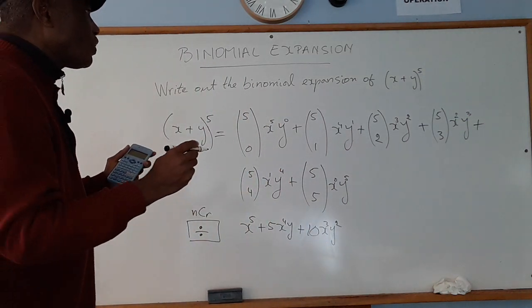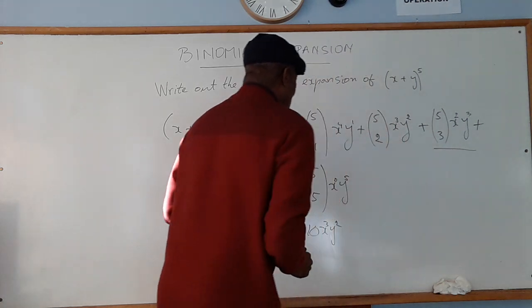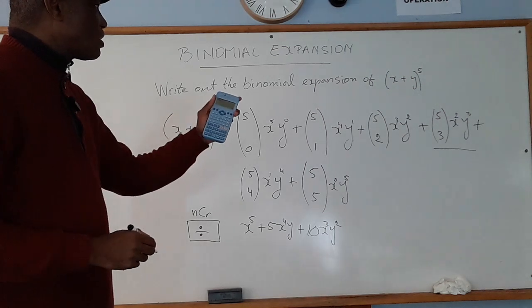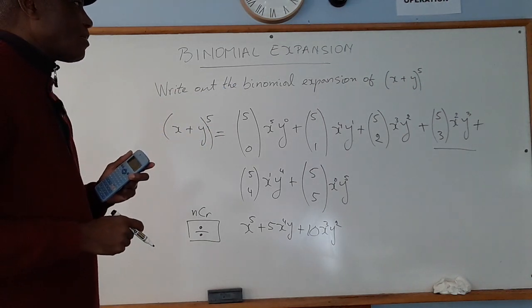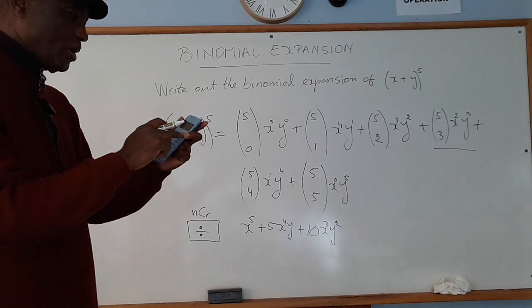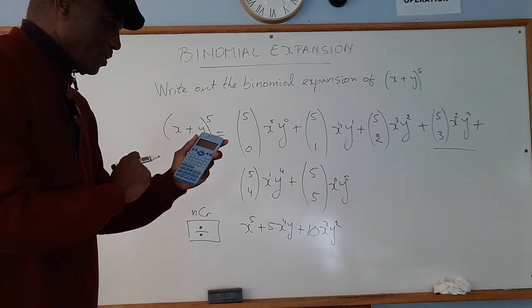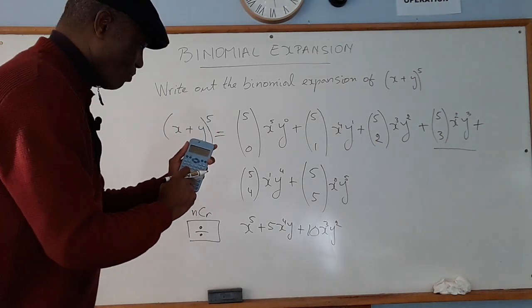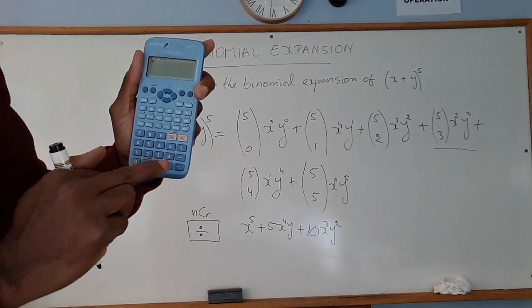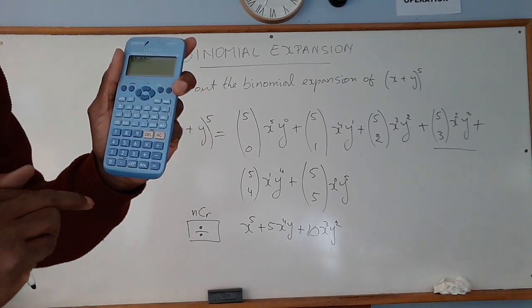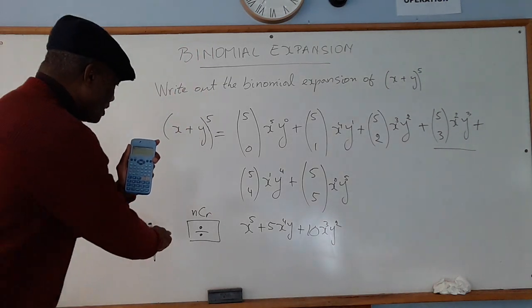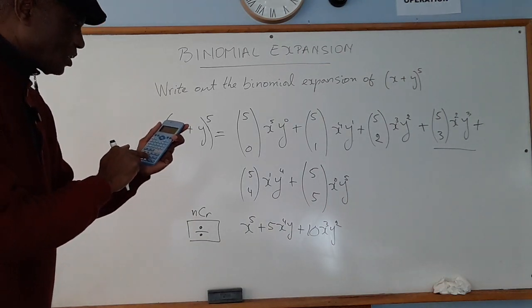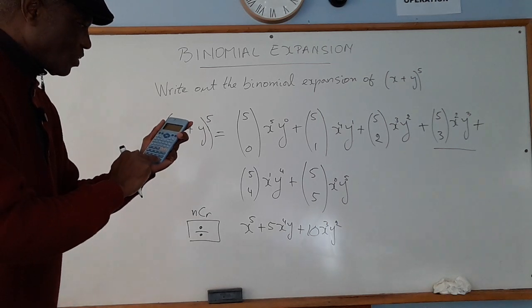So now I go to the next term. The term number 1, 2, 3, 4. Term number 4. So I enter 5 and then I press shift. I press this button here, if you can see it. Yes, it is that one that I have there. So I press it and I enter 3 and I press equal.